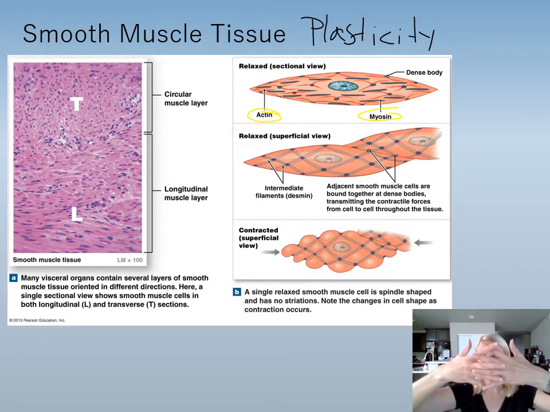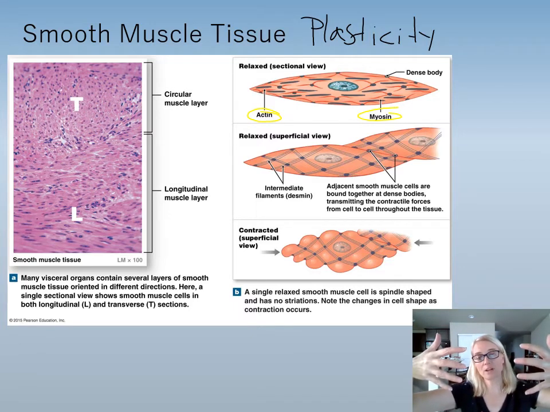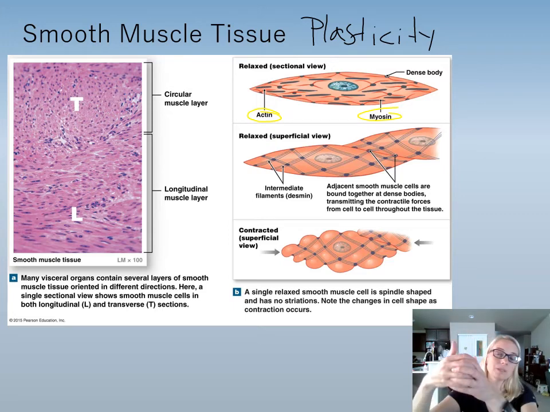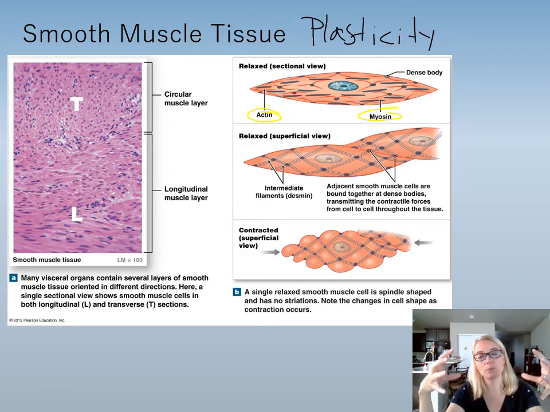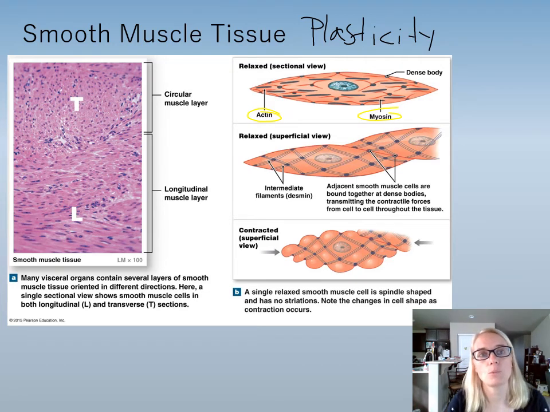So if our smooth muscle cells are stretched far because our tummies are full, we can still produce tension. If our stomach is empty, we can still produce tension. If our urinary bladder is full, we can still produce tension. If it's empty, we can still produce tension. So having the ability to produce tension over wide lengths serves smooth muscle very well, just because the nature of where it is and what it's supposed to do is found in the wall of hollow organs.